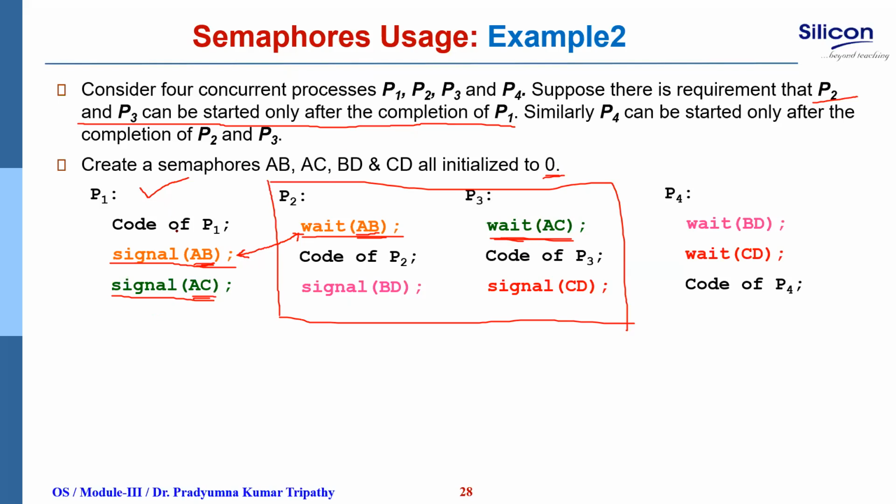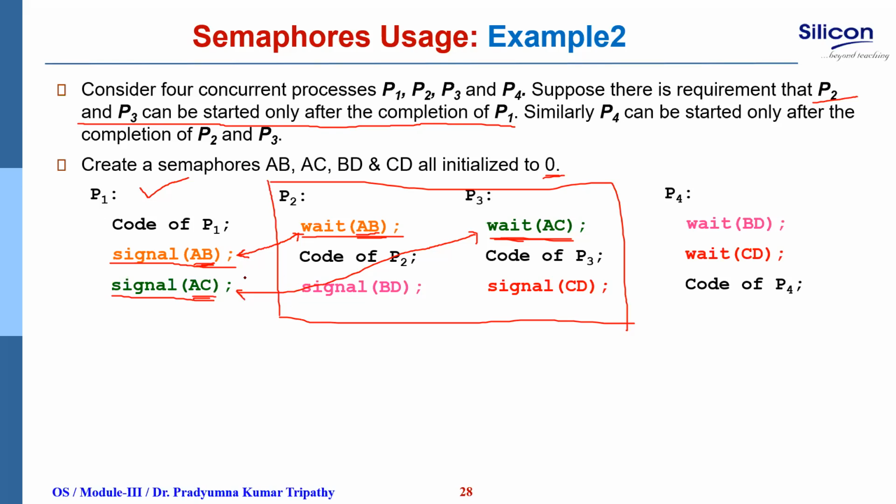But when P1 comes out, AC is incremented, and P3 can continue. By writing these two, we ensure that P3 will execute after P1. It cannot execute before.